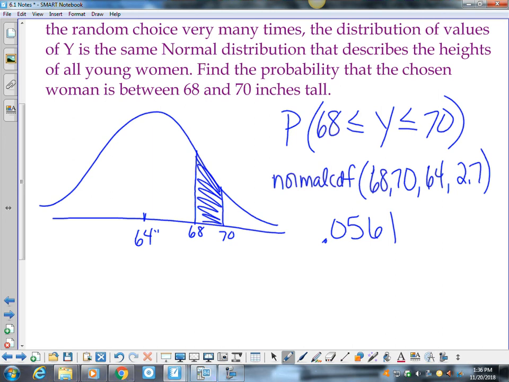No, because this is not her average. This is the percent chance that that's going to happen. So there's about a 5.61% chance that a randomly selected young woman has a height between 68 and 70 inches tall. Hold on 1 second.